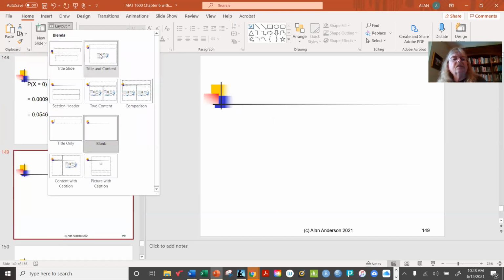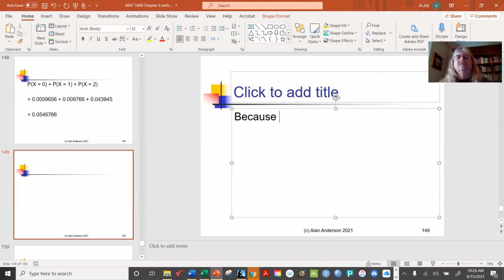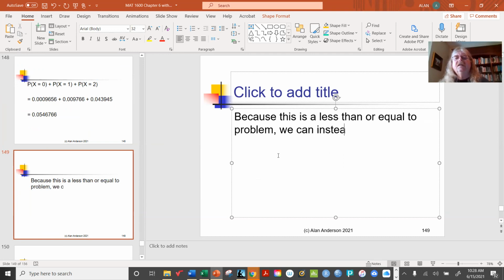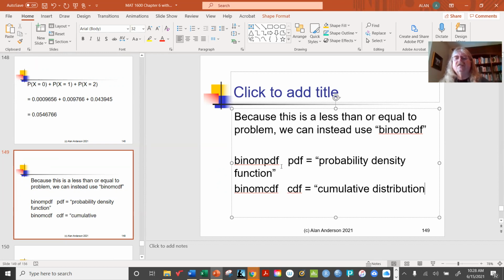Because this is a less than or equal to problem, we can instead use binom CDF, which, by the way, if you were wondering, in the case of PDF stands for probability density function, and CDF cumulative distribution function.